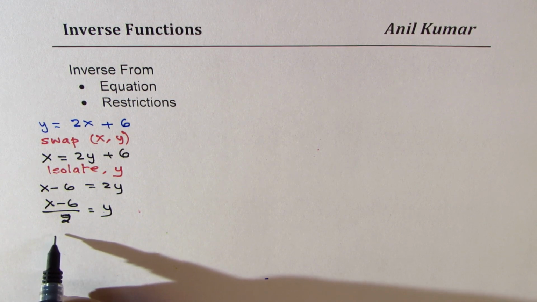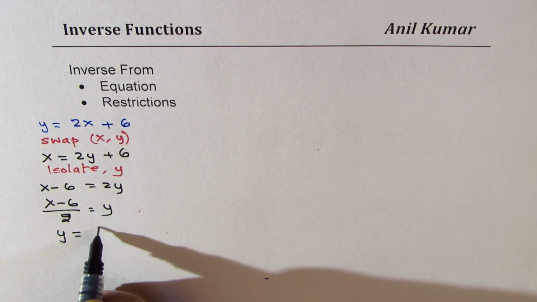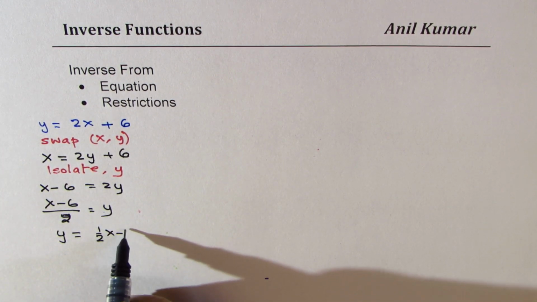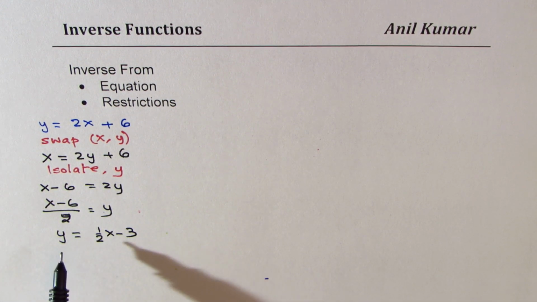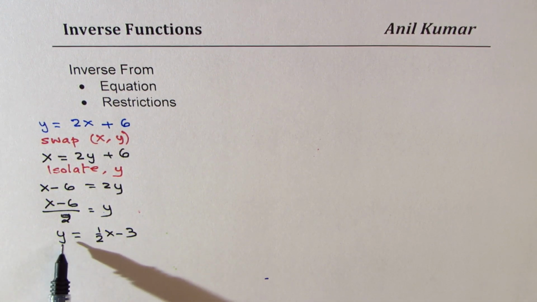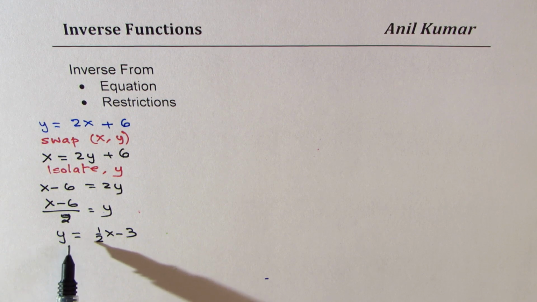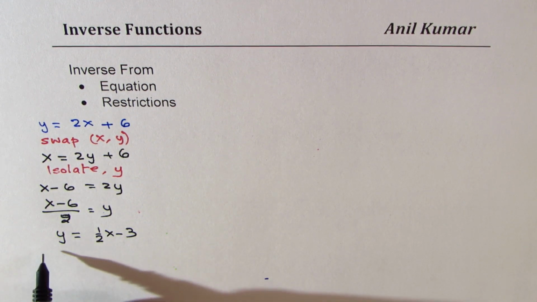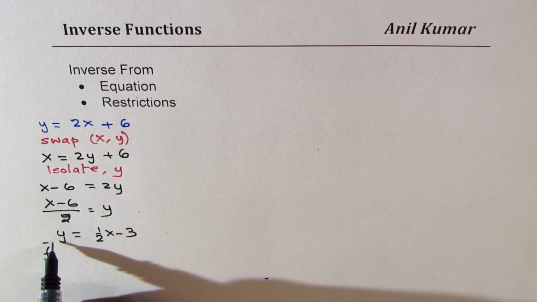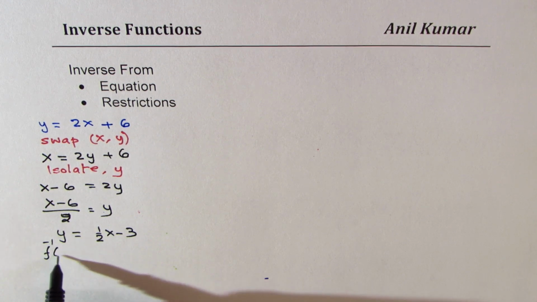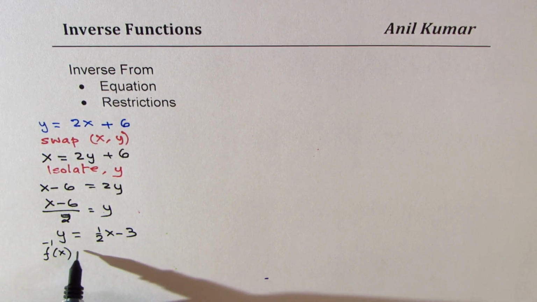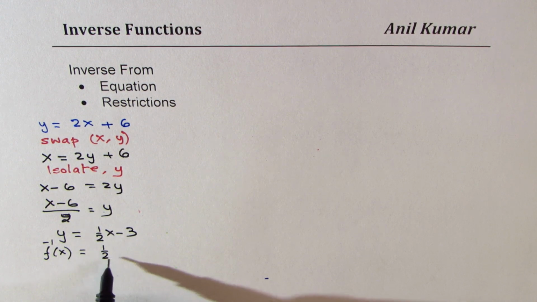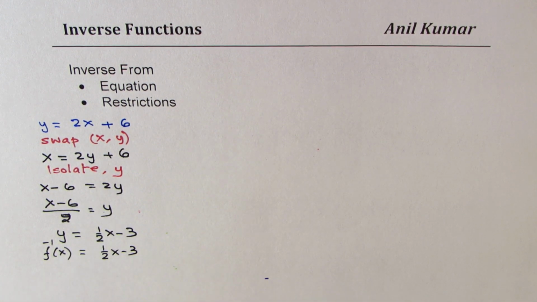So we could write y as equal to half of x minus 3, right? Now this y is called the inverse function since it can do the reverse operation. So we write this as f to the power of minus 1 of x. So inverse of the function is equal to half x minus 3. So that is the way of algebraically finding the inverse, right?